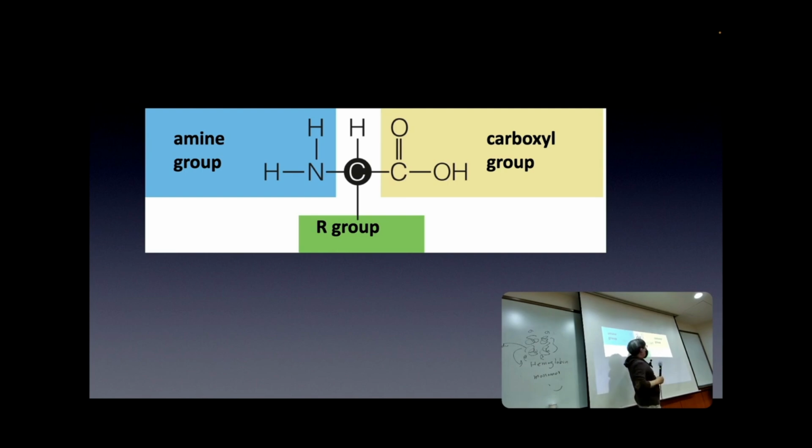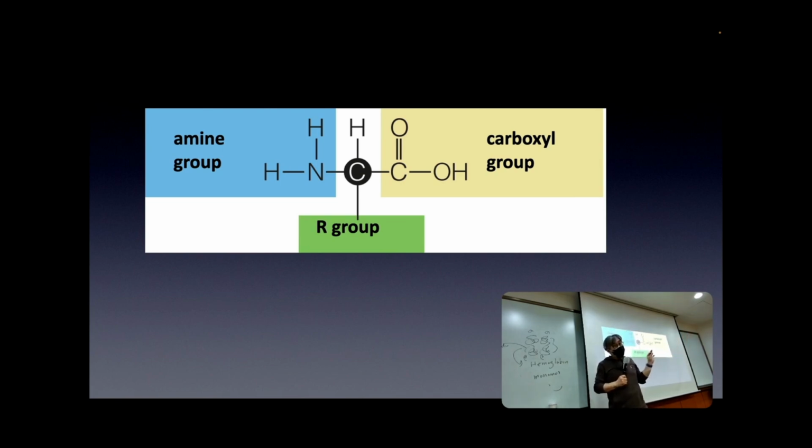Any chemical that shows this arrangement can be regarded as an amino acid.